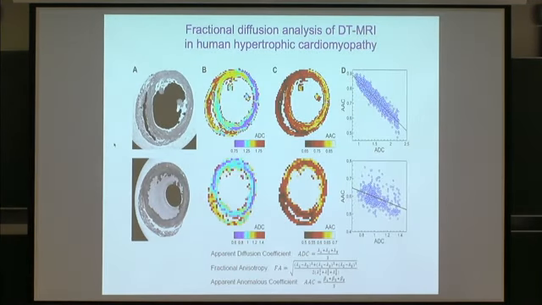And then finally, what we did was a DT-MRI study. I won't go into this slide in too much detail. In DT-MRI, you make an assumption about the diffusion of protons under an external magnetic field, that it's essentially Gaussian diffusion, diffusion under a normal distribution.